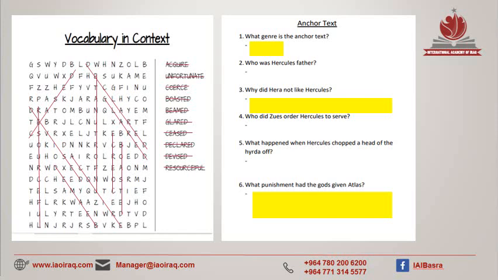Now the second page was on the anchor text. What genre is the anchor text? Now in the beginning of the video, when I read the anchor text, I told you that it was a myth. Who was Hercules' father? Zeus. Why did Hera not like Hercules? Hera was jealous of Zeus's affection. Who did Zeus order Hercules to serve?